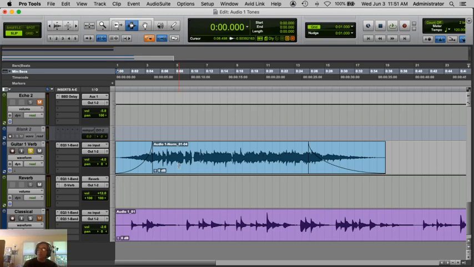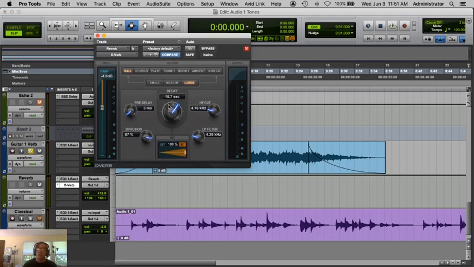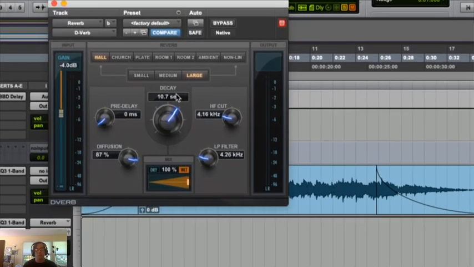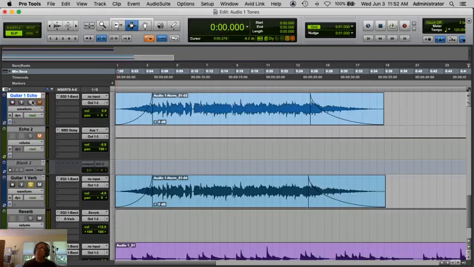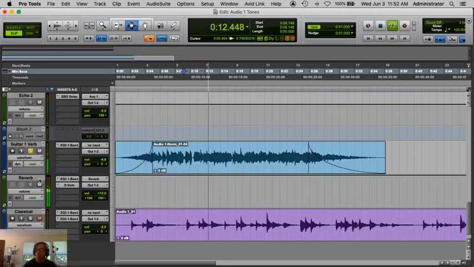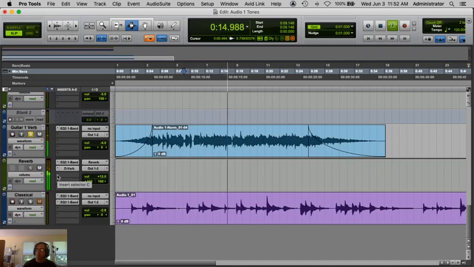As a matter of fact, that's how they do it in real life. Here's my reverb plugin right here. The way it does it is it generates a whole bunch of echoes really closely spaced together, right? So again, come over here. That's echo. There we go.